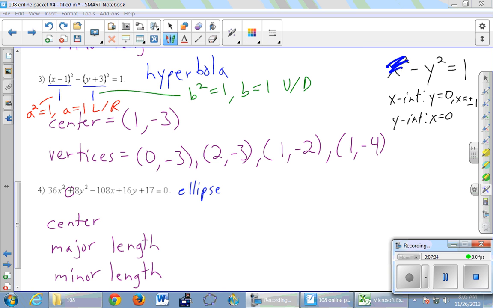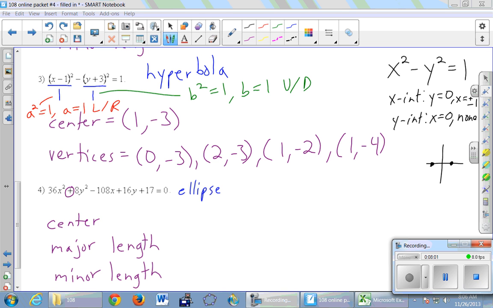And then when you find the y-intercepts, you let x equal 0. And this term drops out. And now you're solving negative y squared equals 1. Well, that has imaginary solutions, not real solutions. So there are no y-intercepts. So I'm imagining a graph where it hits the x-axis at 1 and -1, but never hits the y-axis.